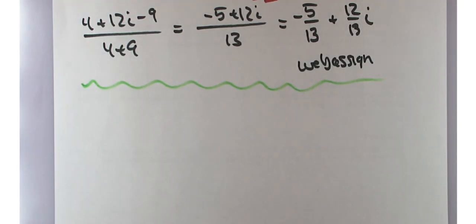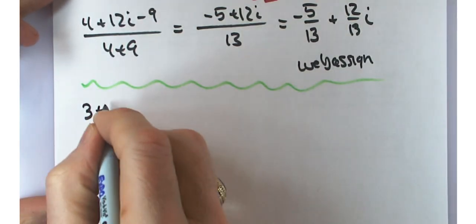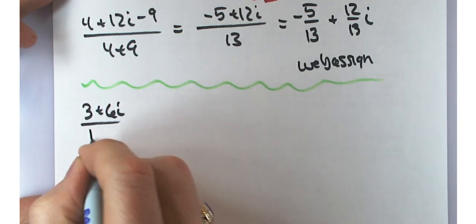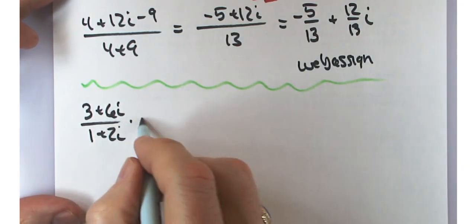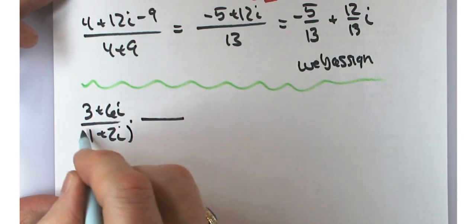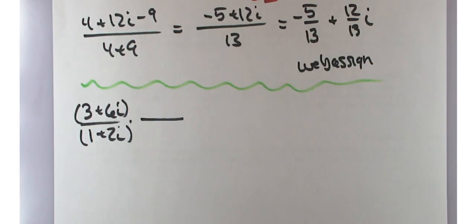So it's going to be 3 plus 6i over 1 plus 2i. Miguel, what should I multiply by in this case? 1 minus 2i.